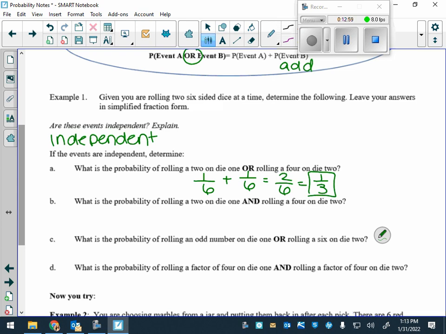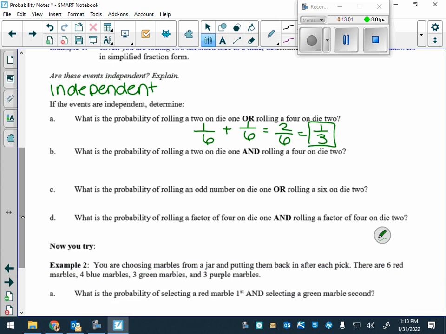Okay? What is the probability of rolling a 2 on die 1 and rolling a 4? So instead of adding, what are we doing? Multiplying. So it's the same scenario above. However, keyword and, we are multiplying. What do we end up getting? 1/36. Good.